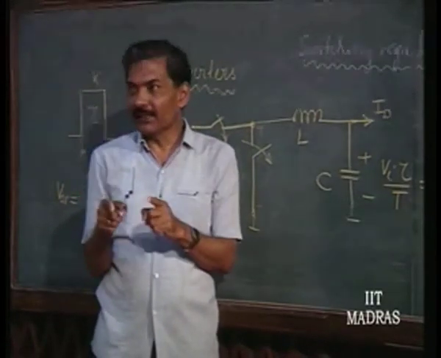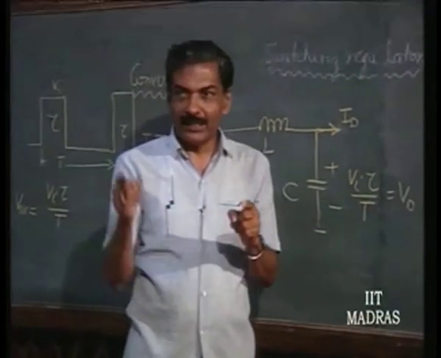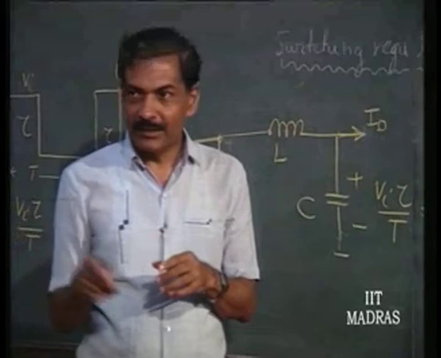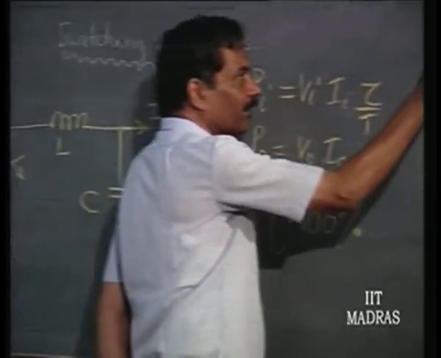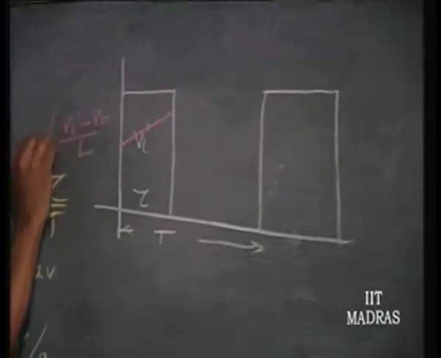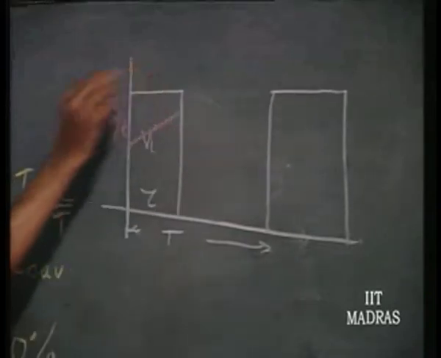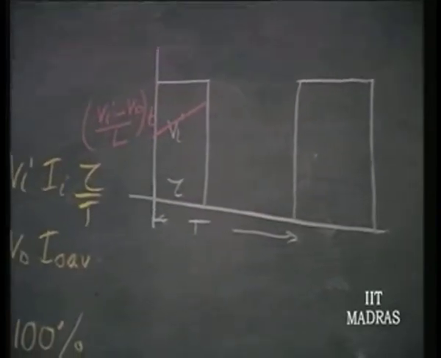So, the current in the inductor is going to be 1 over L integral V dt, right. V is constant, V I minus V naught. So, this is going to be V I minus V naught by L into T. It is increasing linearly. Once again, this is an approximation.